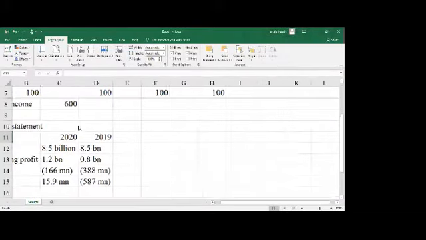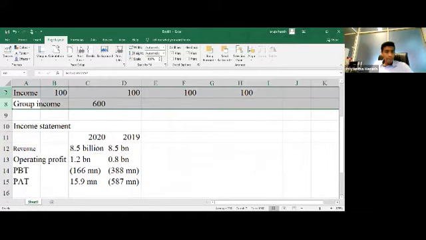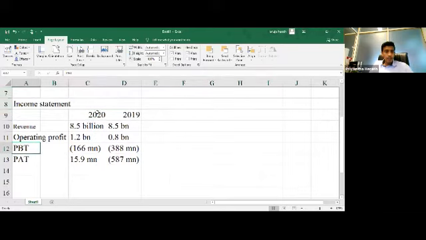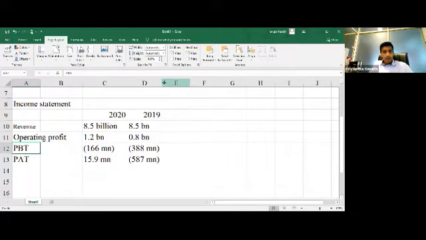Now, yes. Okay. So this is the income statement summary, right? And revenue 8.5 billion.